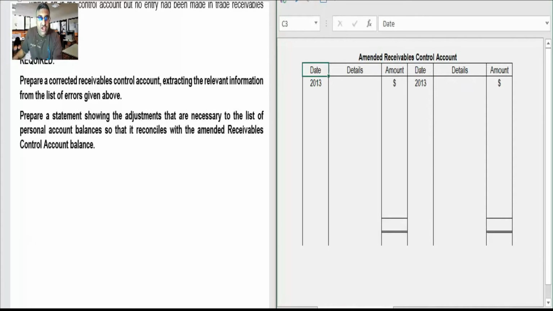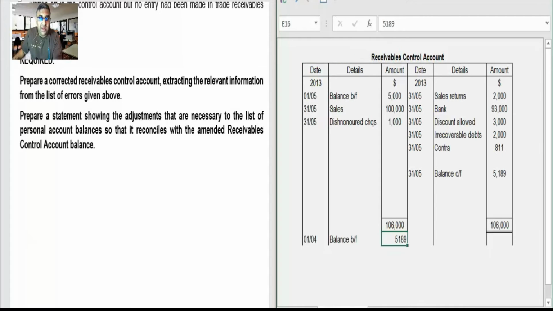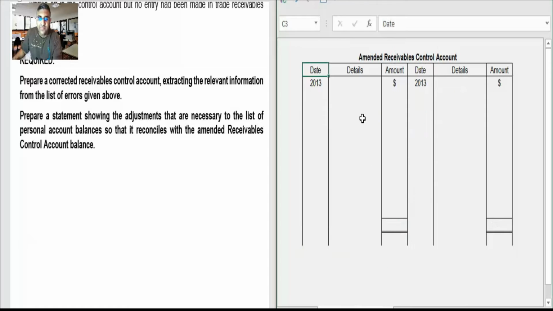The amended receivables control account should have the same opening balance as the receivables control account that we had prepared here. It means the receivables control account balance of 5,189 becomes the opening balance of the amended receivables control account dated the 1st of April.